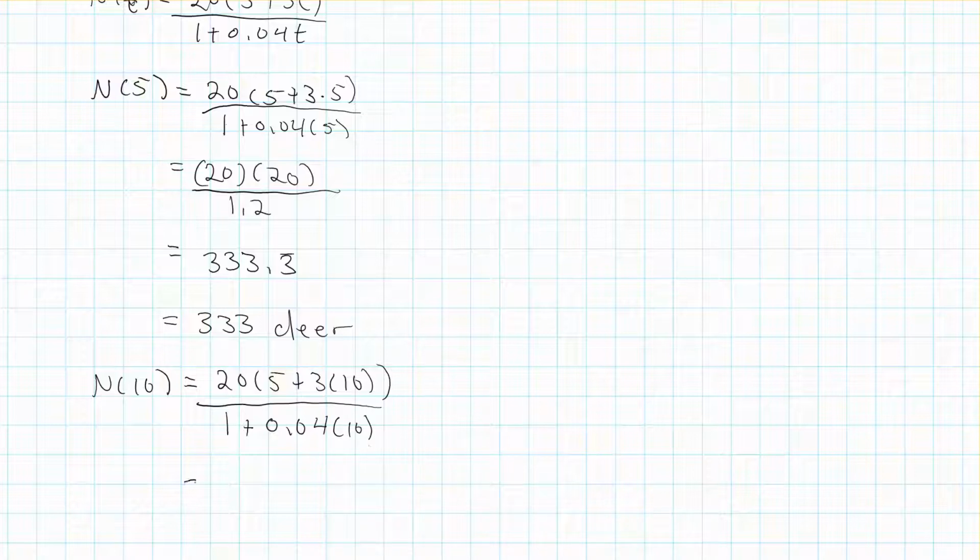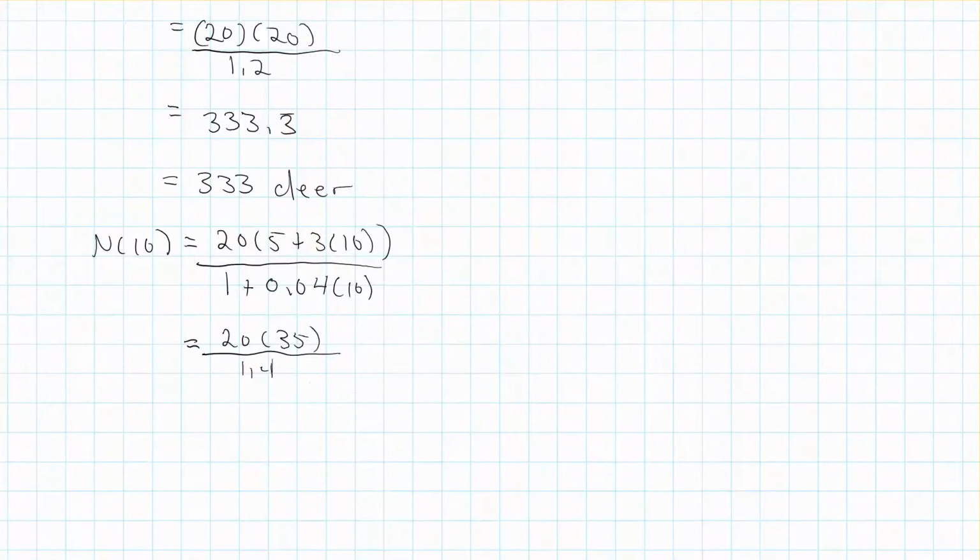Doing some of the arithmetic, we'd have 20 times 35 over, well, 10 times 0.04 is 0.4, so over 1.4. So this would be 20 times 35 divided by 1.4, and I get 500 deer.